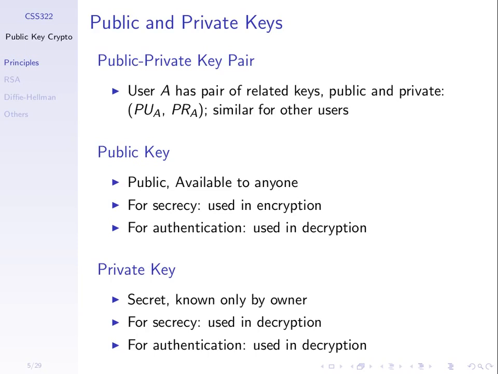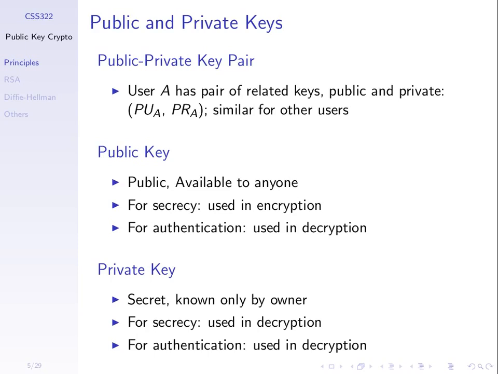To do so with public key cryptography, we will use the public key for encryption and use the corresponding private key for decryption. But in practice, public key cryptography is mainly used for another purpose, authentication, proving that a message came from a particular person. And that uses the keys in the opposite order. It encrypts with a private key.